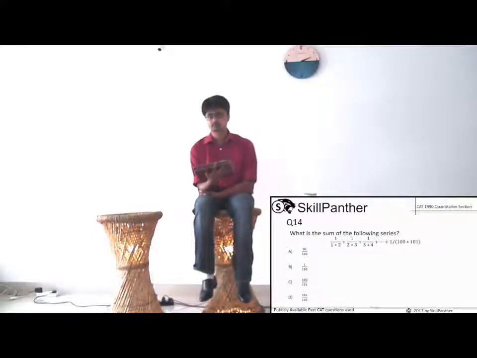So if I can see the pattern, I can quickly simulate it in a small case. Let's take two terms, n equal to 2. So that will be 1 by 1 into 2 plus 1 by 2 into 3. That's basically equal to 1 by 2 plus 1 by 6.